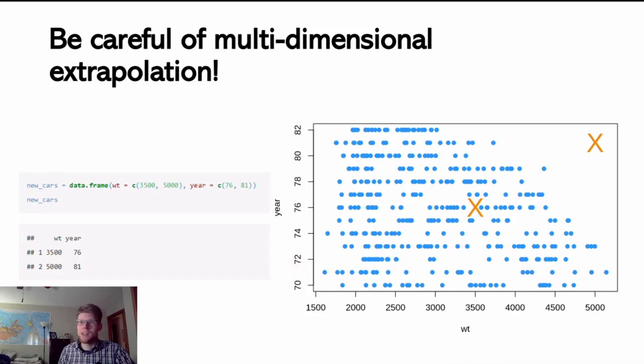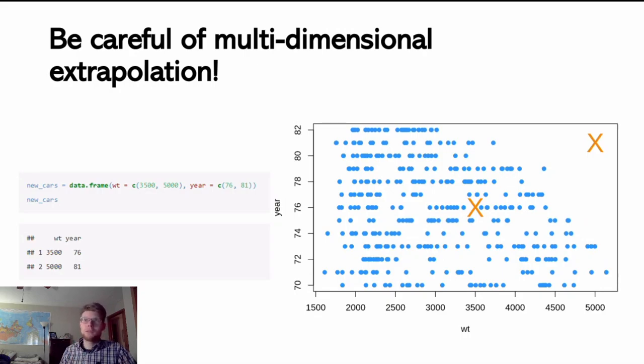I'm also looking for cars of year 1981. Again, that should be pretty safe. I have a pretty wide range of car years here. However, I don't have observations that really fit this sector. So even though it individually is in this range, and it's individually in this range, it's outside the multidimensional range that I have here.